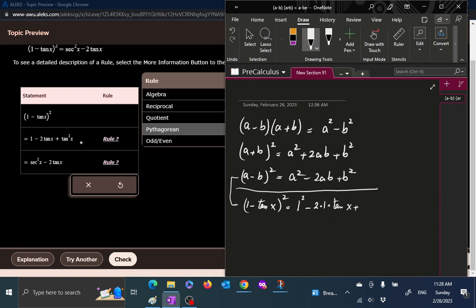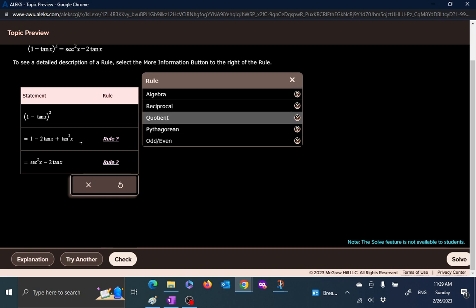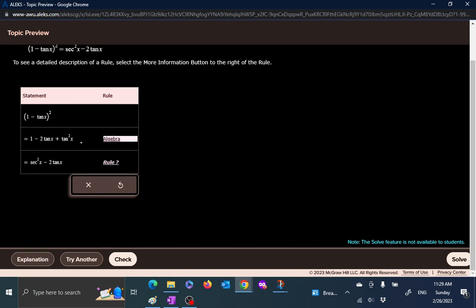B squared is tangent of x squared, and of course 1 squared is just 1. We write this minus 2 tangent of x, and we said our convention is to put the power on top of the name of the function. So going from this expression here with parentheses 1 minus tangent of x squared to the second one, what we just used was algebra.